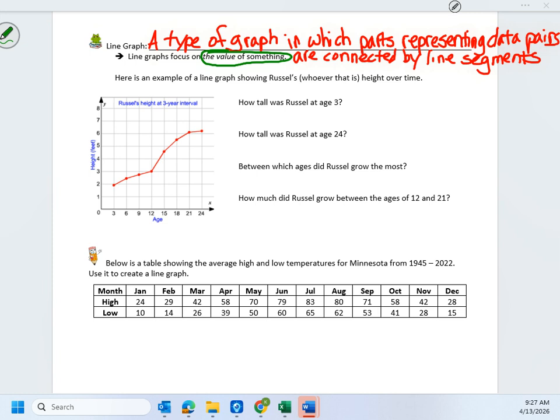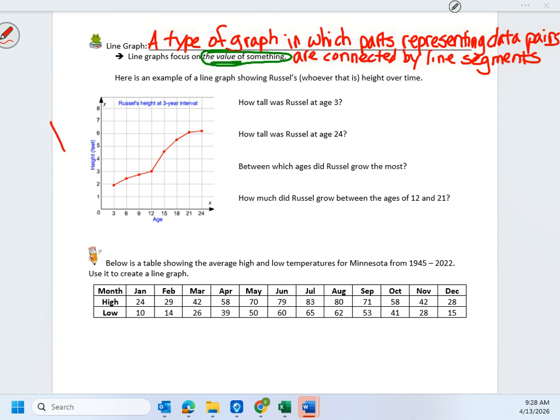Note to self, you're going to want to include those definitions and the reasons why you use that graph on your help sheet. I know what's coming on the test. You're going to want to know the reasons why you use them, okay? We're going to be learning lots of different types of graphs. We need to know when we use those different types of graphs.